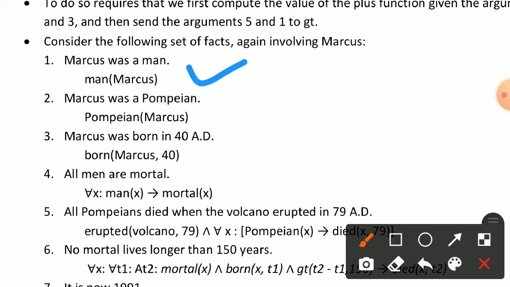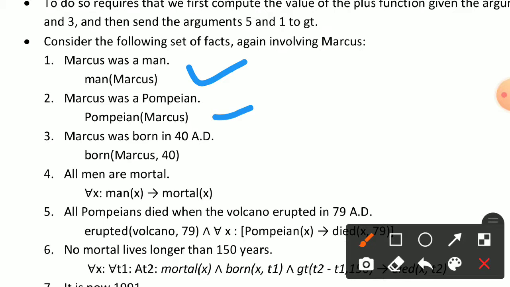Because here the person name is Marcus and he is a man, we can write this simple fact like this: man(Marcus). Now second, Marcus was a Pompeian. We all know that man is a person, and Marcus was a man and Marcus was a Pompeian. So we can write this sentence too like this: Pompeian(Marcus).